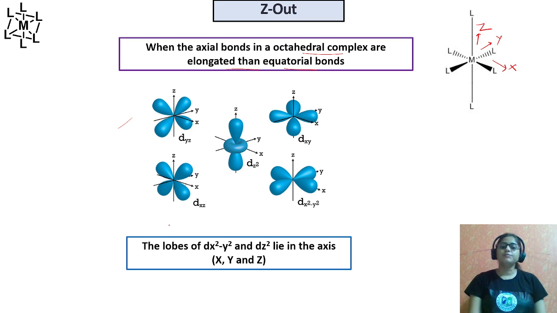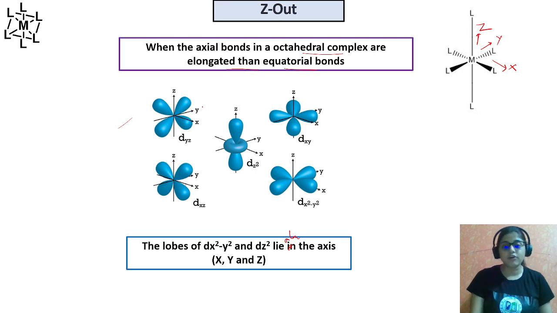One is the lobes of dx square minus y square and dz square lie along the axis. See, this is y and this is x, so in dx square minus y square, the lobes lie along the x and y axes.